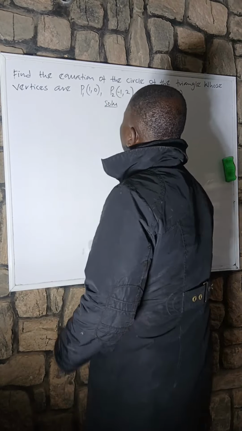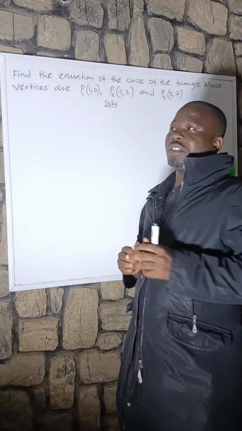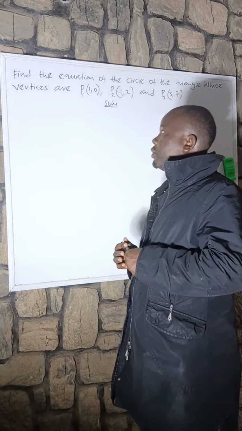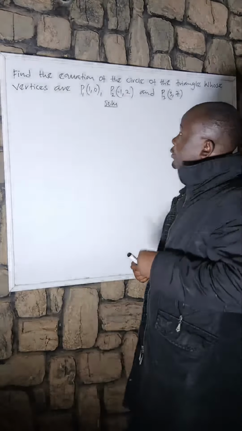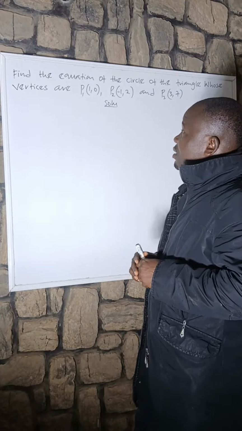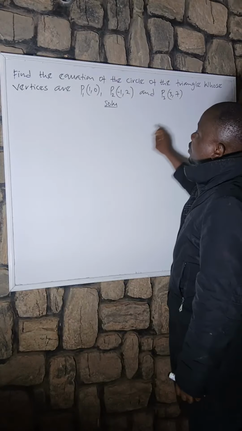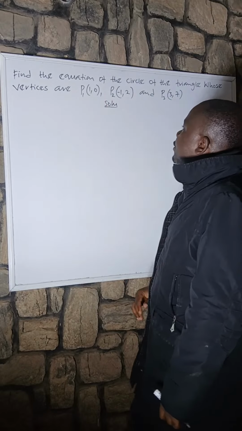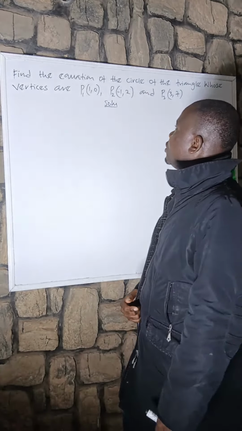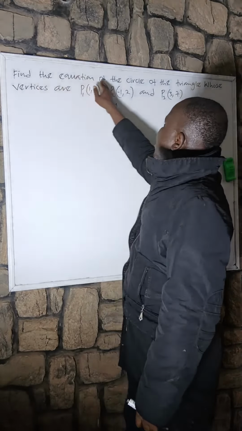Looking at this question, it seems you are kind of confused, but I advise you not to be confused because they added something here. The triangle whose vertices are this, this, and this. But I want to tell you that the question says find the equation of the circle.